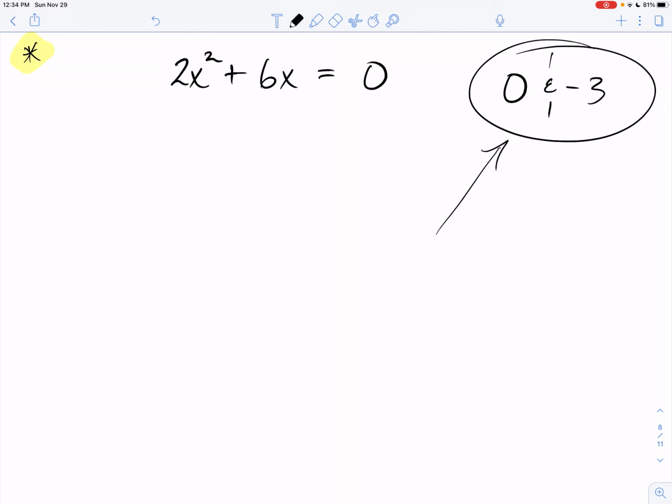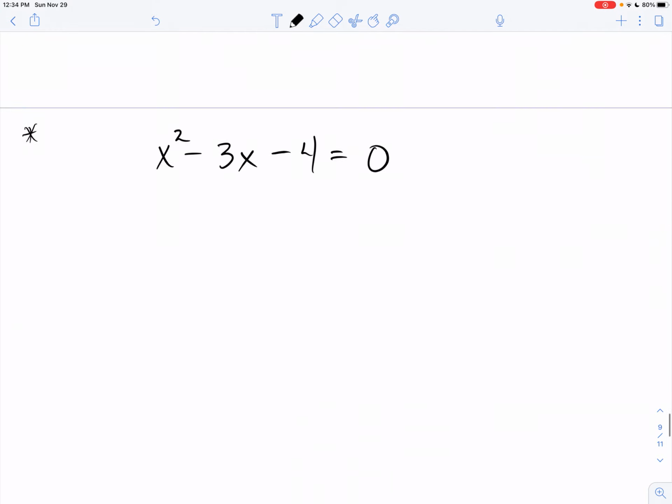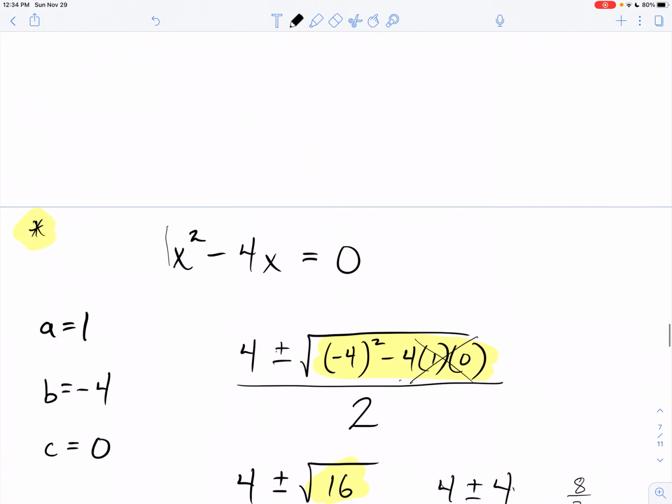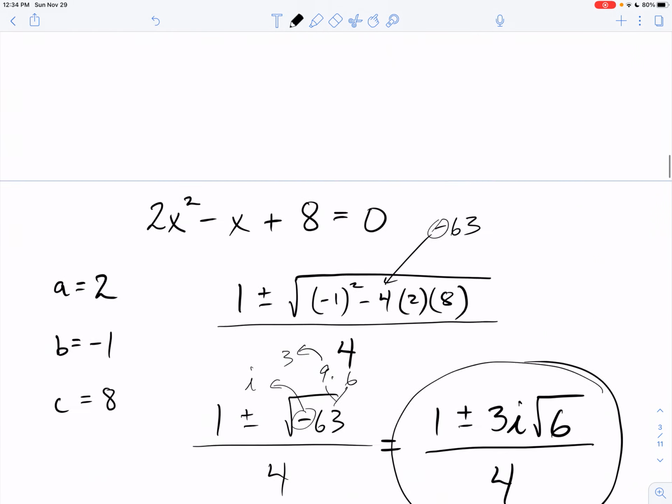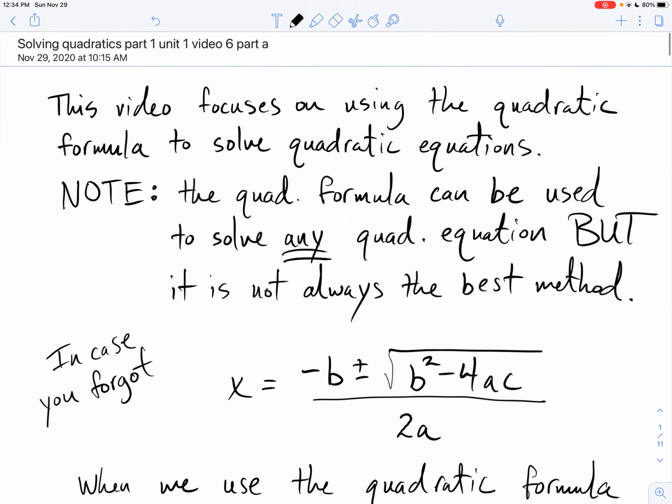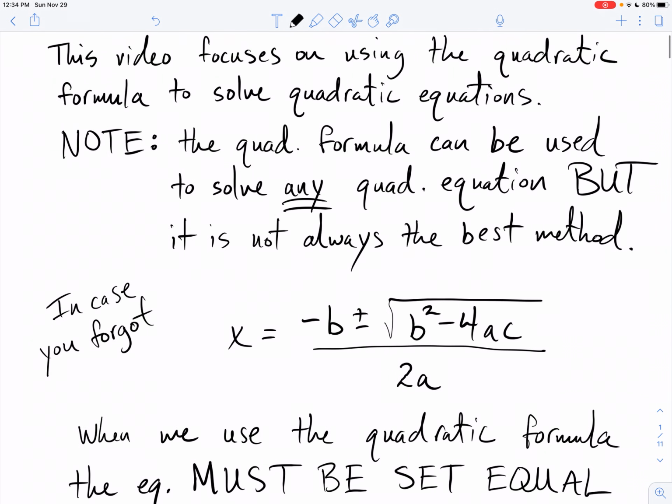Now, I'm going to just cut to the chase here. There's no more practice in this video. Or is there? Nah, we're not going to do it. We've already done it. So, let's go up to the top to remind you of something. This video focuses on using quadratic formula to solve quadratic equations.